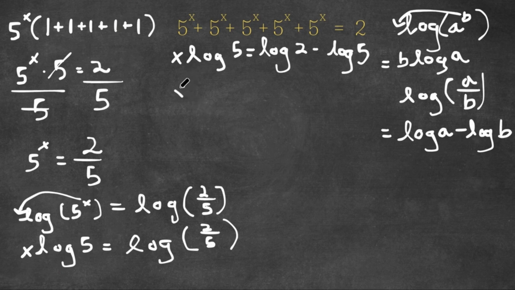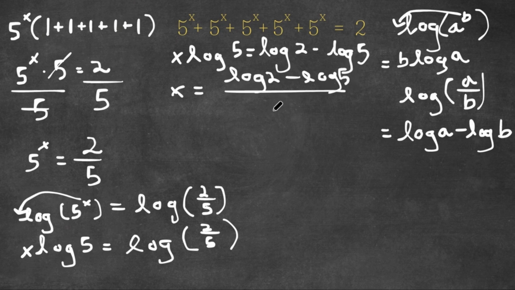So now we get x is equal to log 2 minus log 5 over log 5.